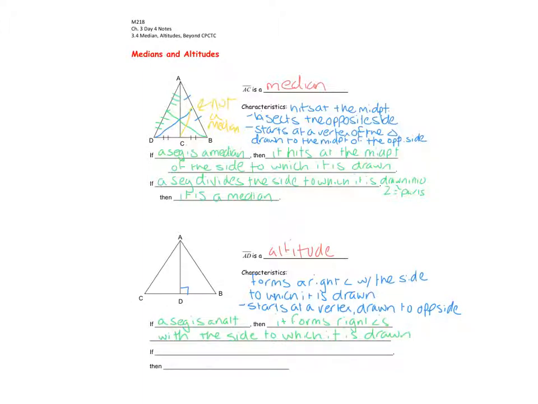Or we can reverse it and say if a segment forms right angles with the side to which it is drawn, then it is an altitude.